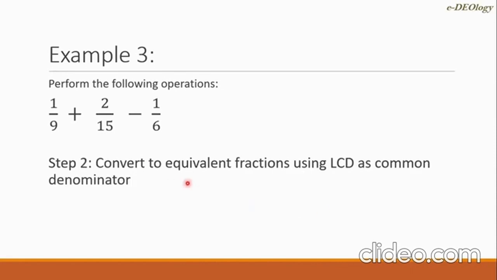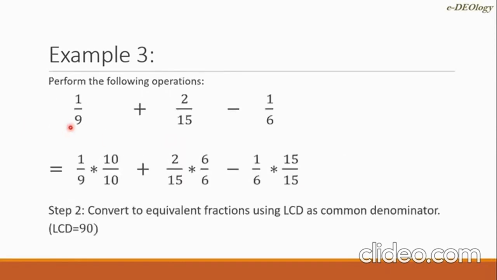Now we're going to convert these fractions into equivalent fractions using the LCD of 90. So the 1 over 9, we multiply this 9 by 10 to get 90. This 15, we will multiply by 6 to get 90.